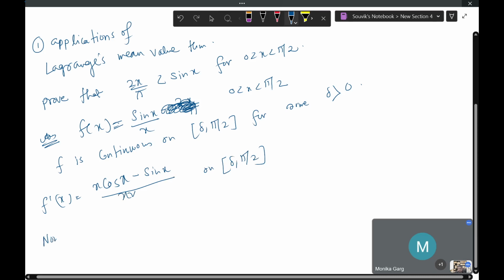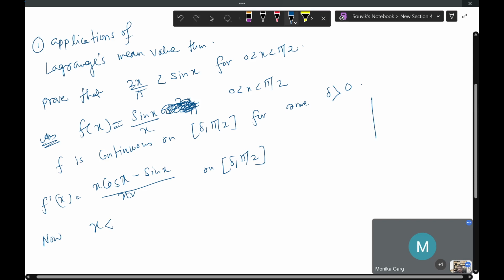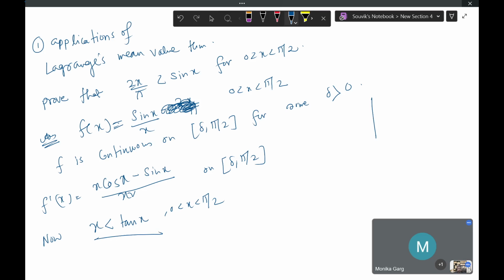Now just observe one thing. It is quite well known that x is less than tan x for 0 less than x less than pi by 2, right? Do you know this? Yes, yes, yes.